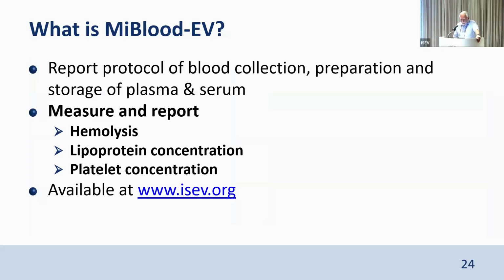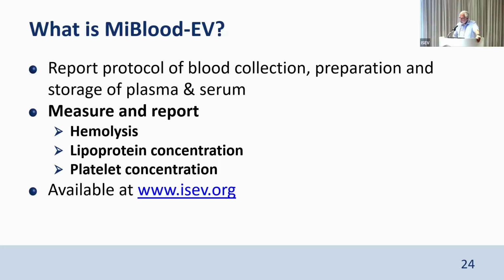Now, what is My Blood EV? It's very simple. If you write a paper where you do EV research, you always have a method section that you have to write, and you have to write down the protocol of blood collection, preparation, storage of plasma and serum. This is what everybody's doing, or should be doing.